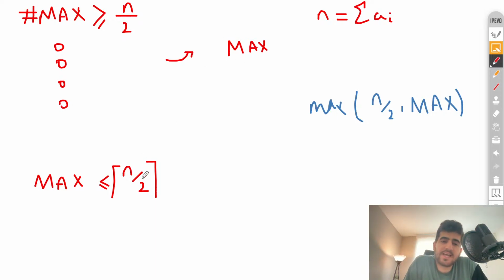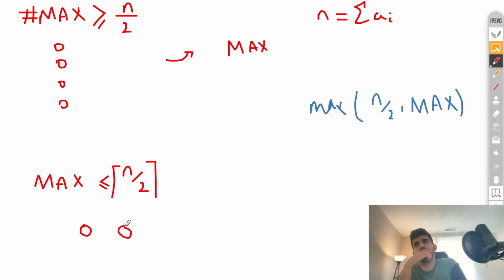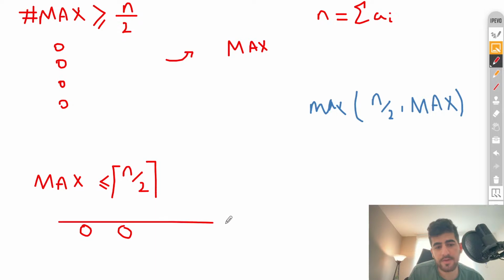So if max is at most n half, you can show it with induction. You can show that the answer is yes with induction. Well, you can say, consider the two maximum balls, the two colors that you have the maximum number of.